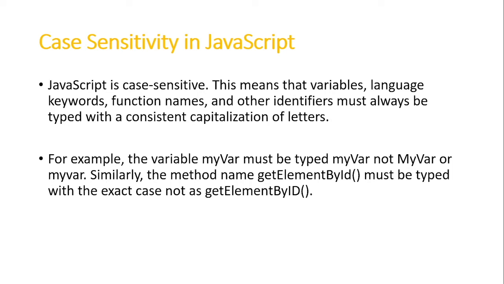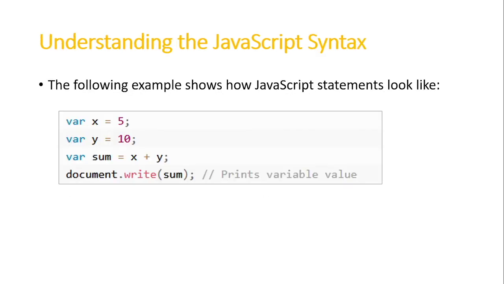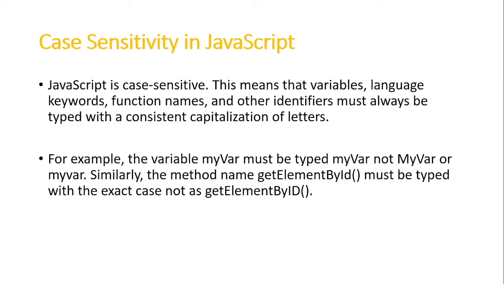If you choose a different casing, then it will be treated as a different thing, not the same thing, right? For example, if you created a variable myVar, it must be typed the same way, not with a capital M or all smaller. These will be treated as three different variables.